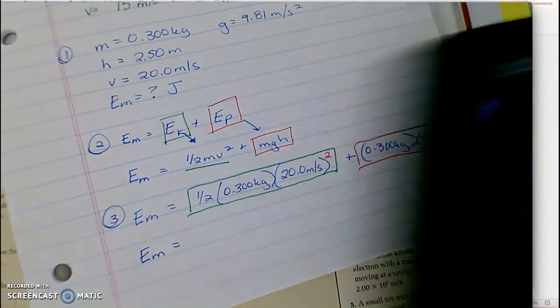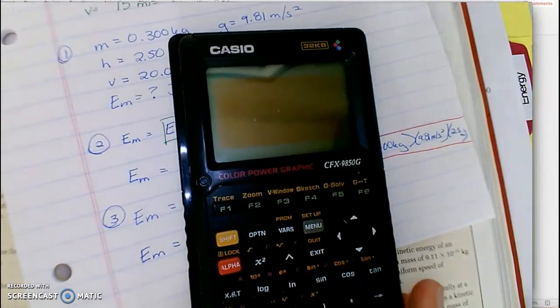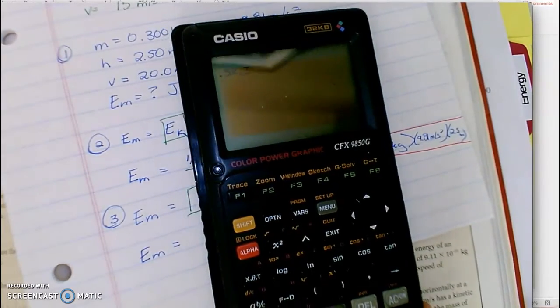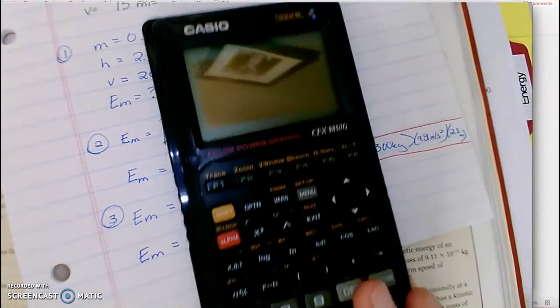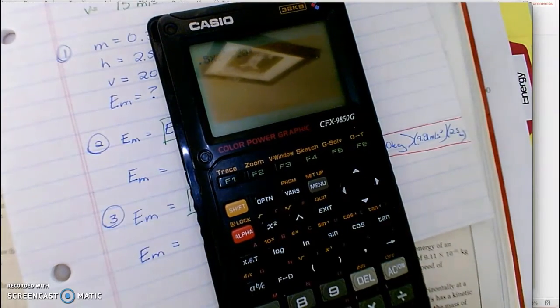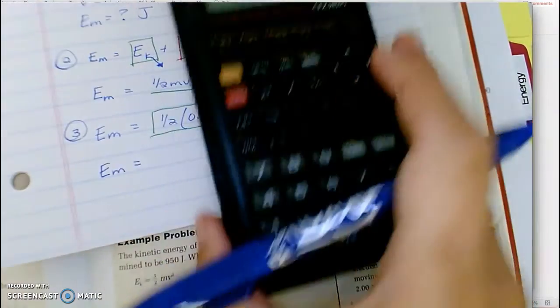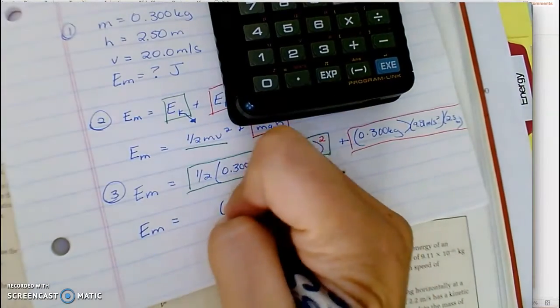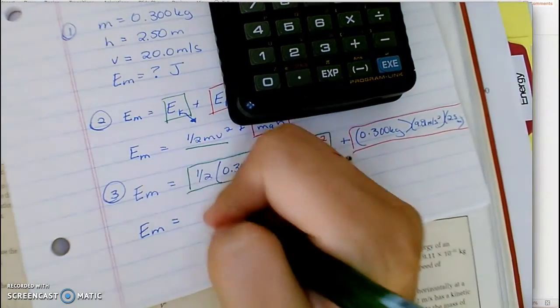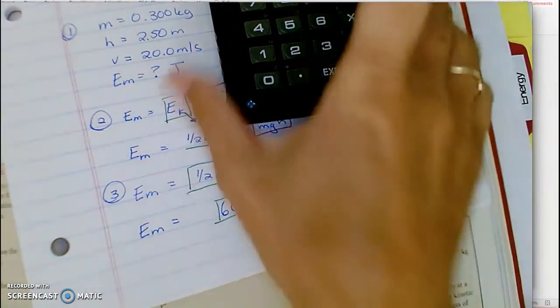Let's make sure we're putting this in our calculator properly. 0.5 is half, times 0.3, which is our mass, times 20 squared. It's 60. So that was the kinetic energy.